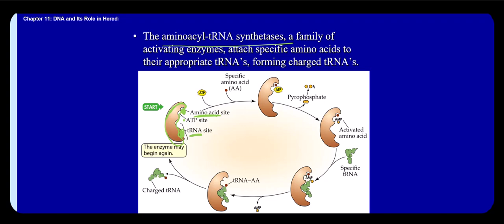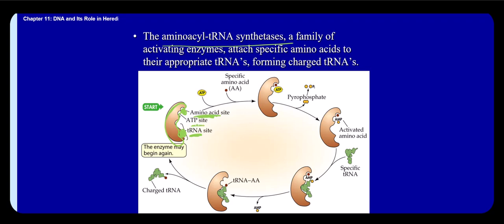But I can't take my key and go and open your door. I have a key, but it's not the one that fits your lock. I might have a transfer RNA, but I've got to have the right one to fit this enzyme. I have an amino acid, it's got to be the right one. So that's our specificity. My key is specific to my lock, your key is specific to your lock.